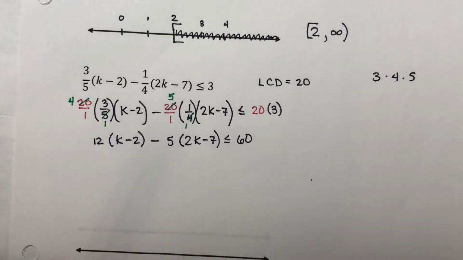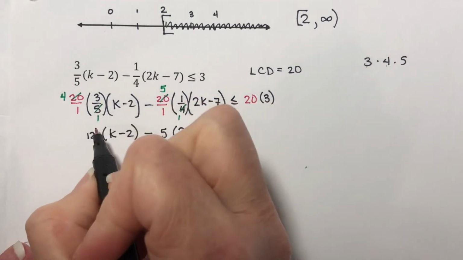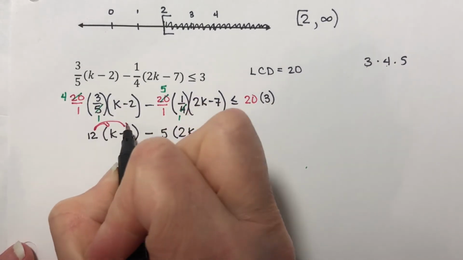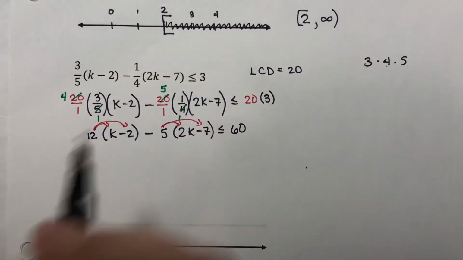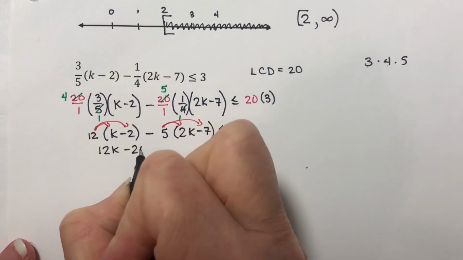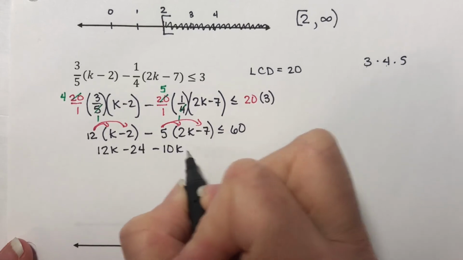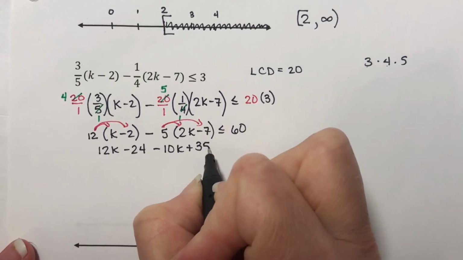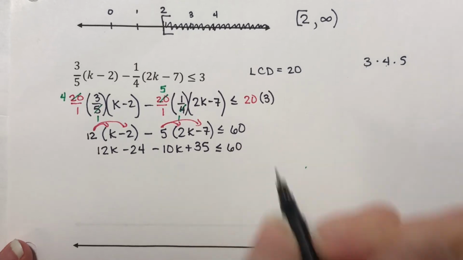So now I have a problem where I need to distribute, but I no longer have fractions, which is nice. I'm going to distribute the 12, and then distribute the negative 5. So I have 12k minus 24 minus 10k plus 35, be careful with your signs there, is less than or equal to 60.